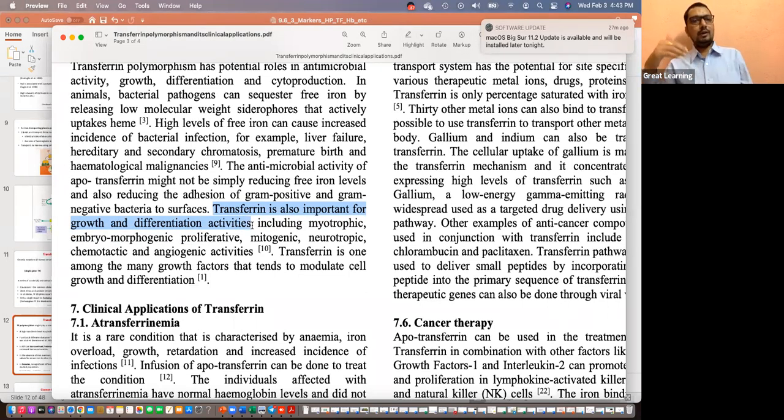Differentiation means one cell getting converted into another tissue or becoming functional from the preliminary form. So in a way, we can call it a growth factor because it influences the growth of our tissues.